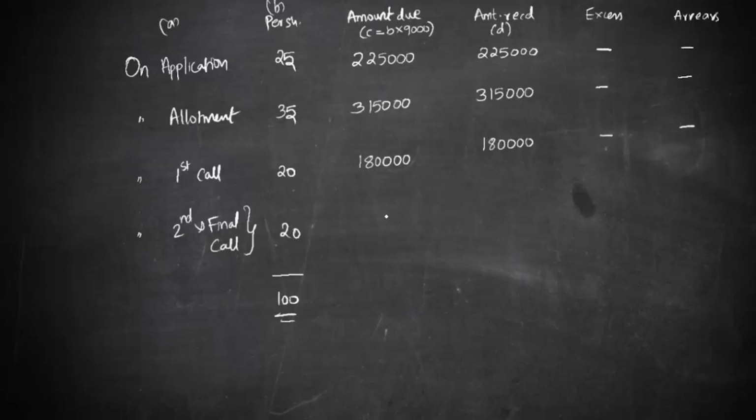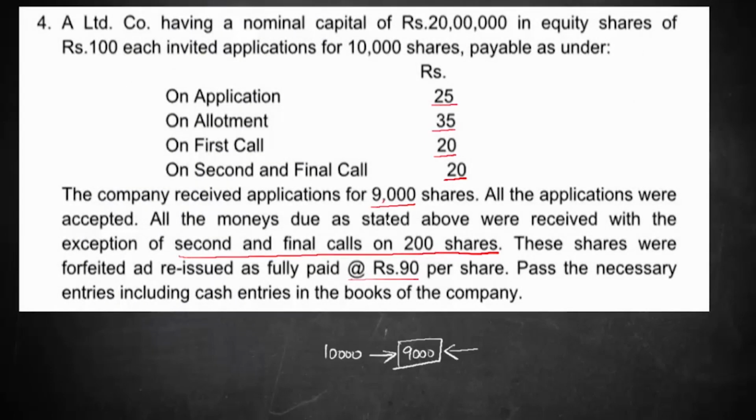Then finally we have the final call, which is 20 on 9,000, that is 9,000 into 20, which is 1,80,000. But here alone we have a small piece of information: with respect to the final call, that was not received on 200 shares.